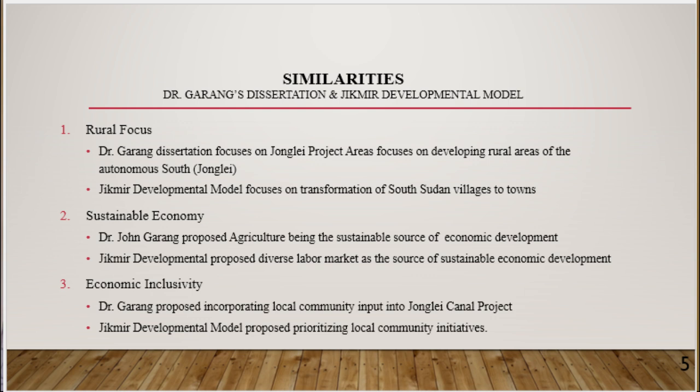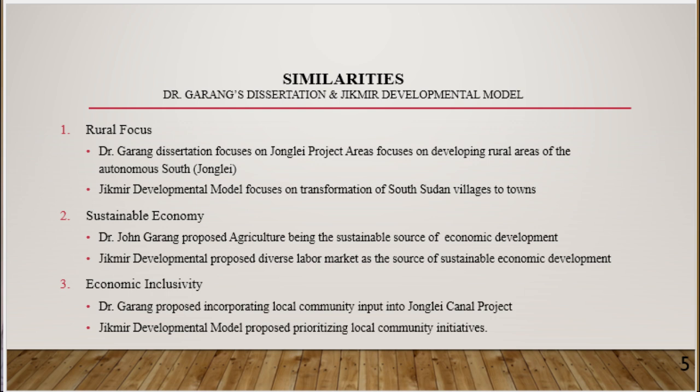But even though it is Jonglei as a region, it's still focusing on the locals, on the local communities, which is Jonglei in this case. And for the Jikmir Developmental Model, the focus is on transformation of South Sudan villages at all levels, and it could be at any areas.